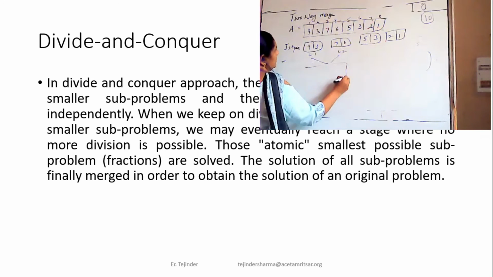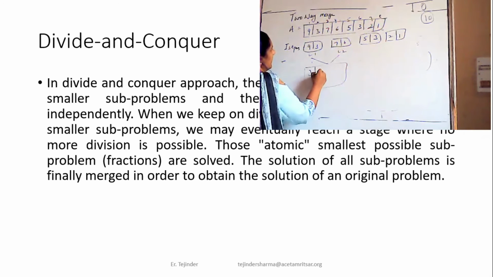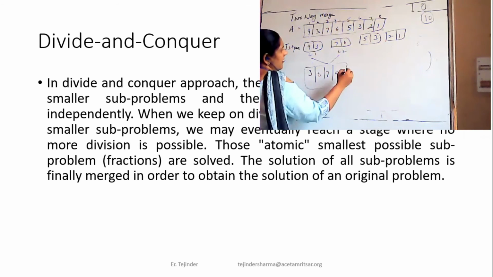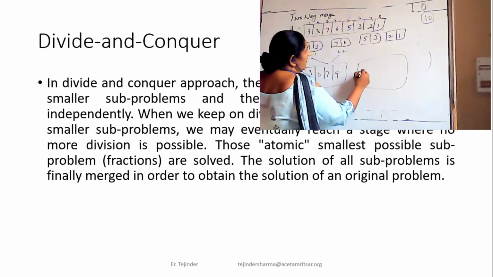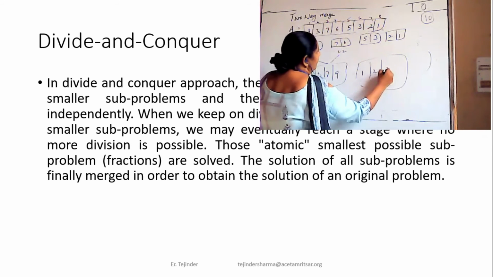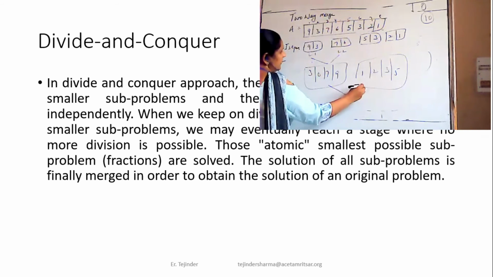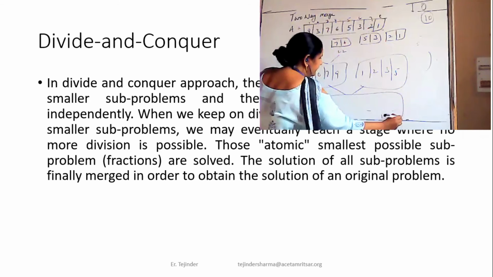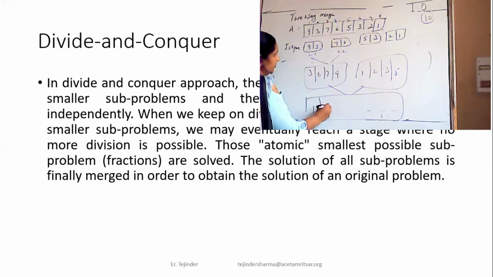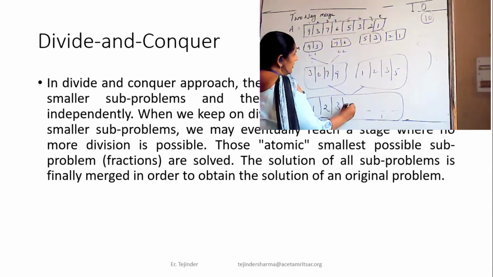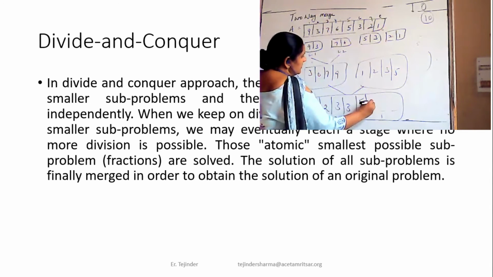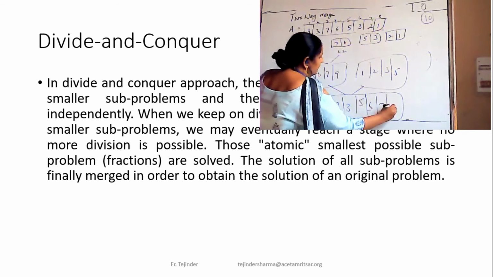Combine this: 3, 6, 7 and 9. Combine this: 1, 2, 3, 5. Then combine these, you will get 1, 2, 3, 3, 5, 6, 7 and 9.